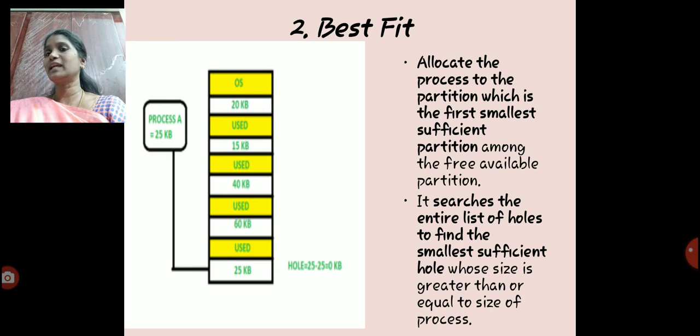So that will be allocated to the process. It sounds like the best allocation technique, which is why it is called best fit. So again, the smallest sufficient partition for the awaiting process will be supplied to the process. That is called best fit.